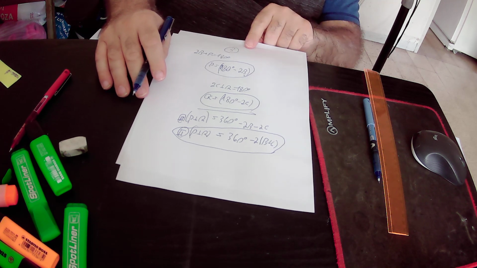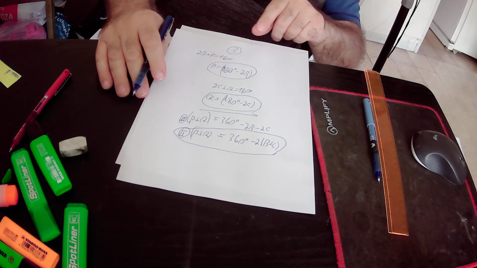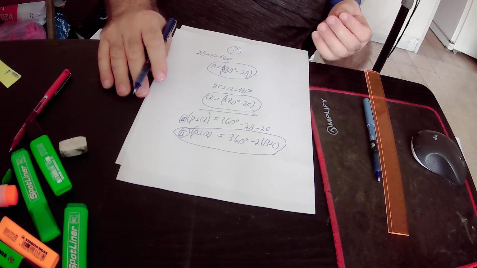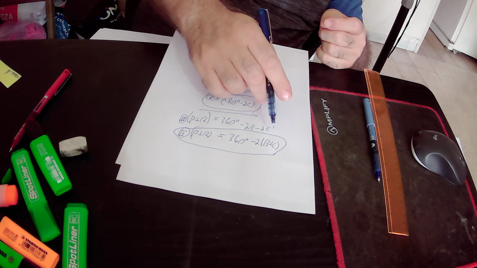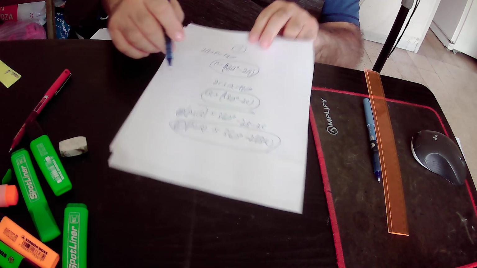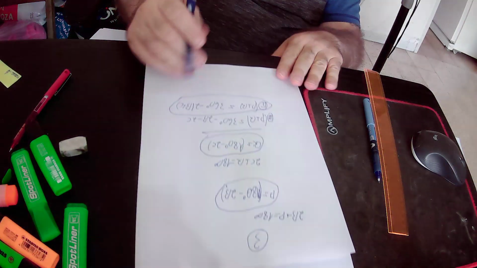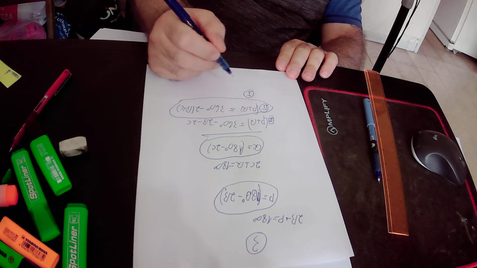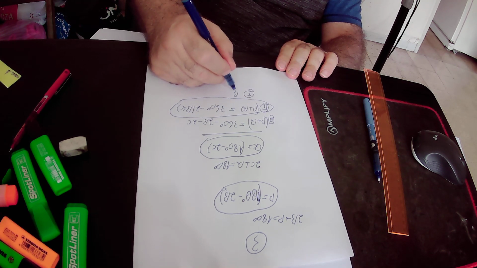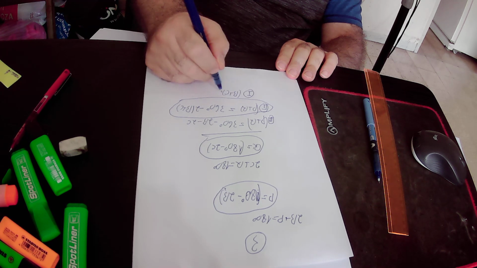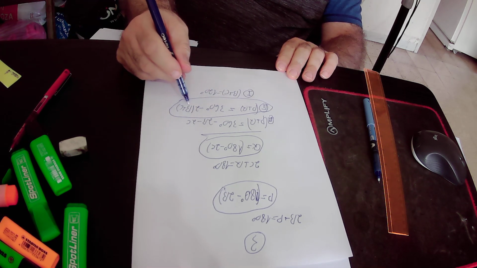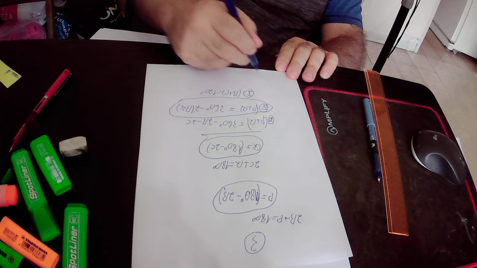But from equation number 1 we know that B plus C equals 120 degrees, so we can substitute B plus C by 120 degrees. Again, we have equation number 1 that states that B plus C equals 120 degrees, so we can substitute B plus C in equation number 2 by that value.